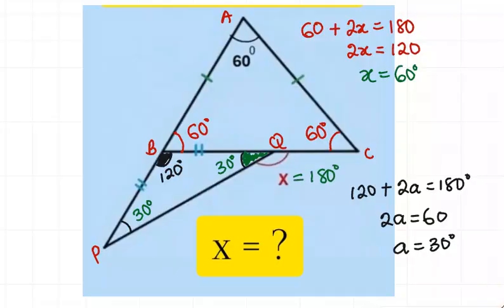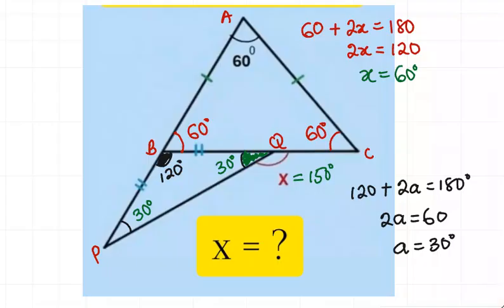The remaining part here ought to be 150 and not 180, pardon me. So this is 150 degrees.